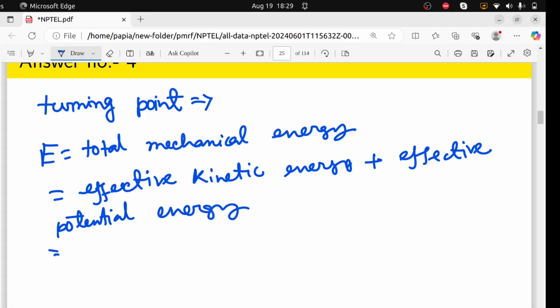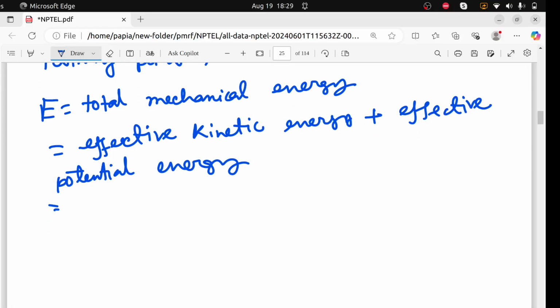In simple language, I can tell that total mechanical energy is nothing but true kinetic energy plus true potential energy.